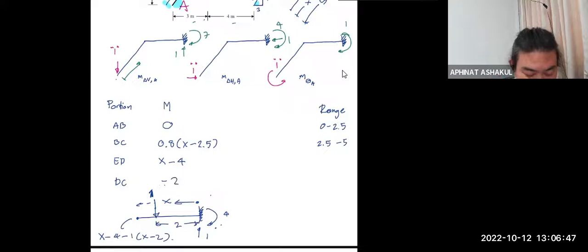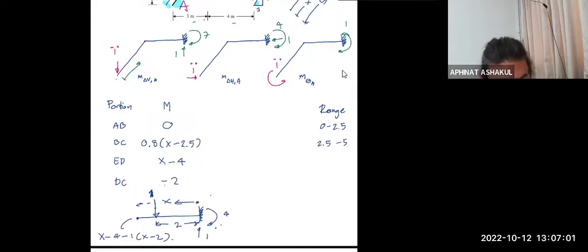But you should know that this comes from that equation, so I keep it there. Let me move this a little bit up. And range, I've got the range. This is from 0. This is from 2 to 4.